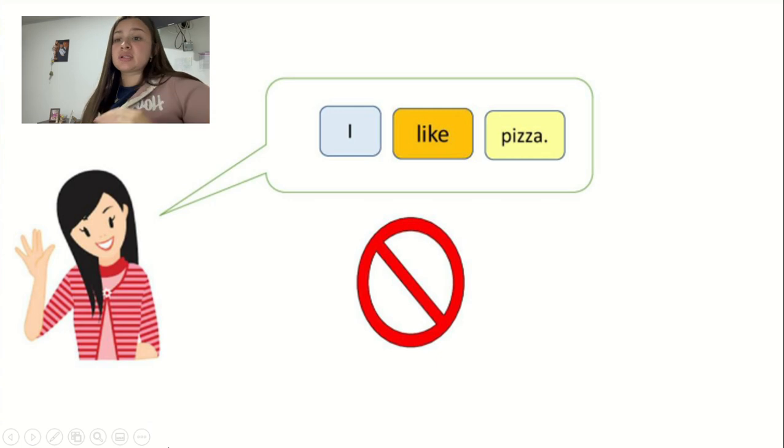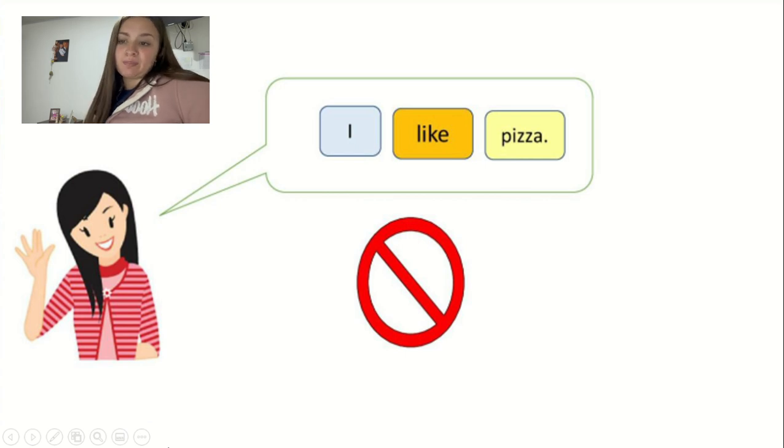So in this part, the students are going to have a little game, a little activity, where I am going to give them a sentence in affirmative form, and they are going to change it to negative form.